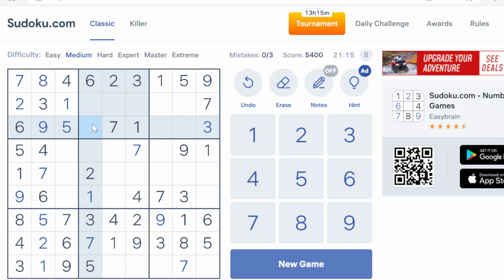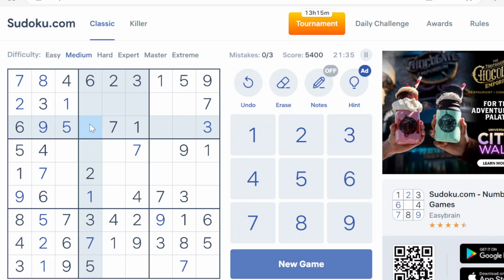Okay, this column has only 3 boxes left, and it can either be, I think, 4, 8, or 9. And this one can either be 4 or 8 because 9 is already in this row.